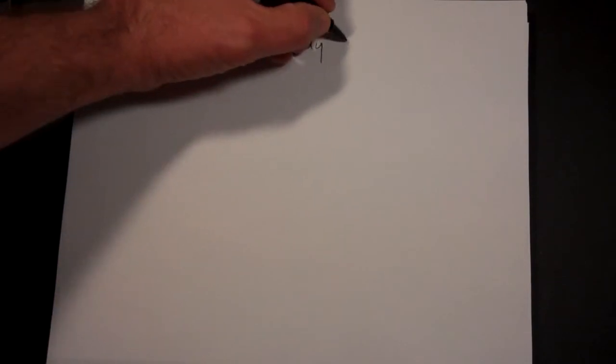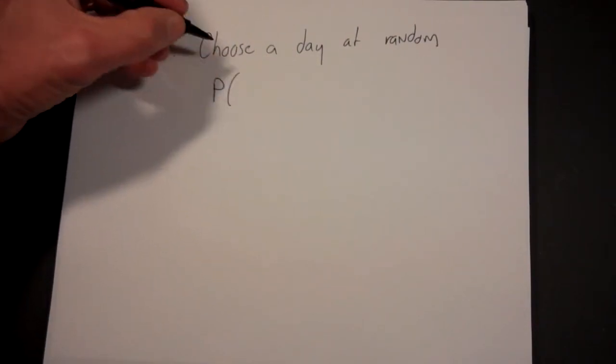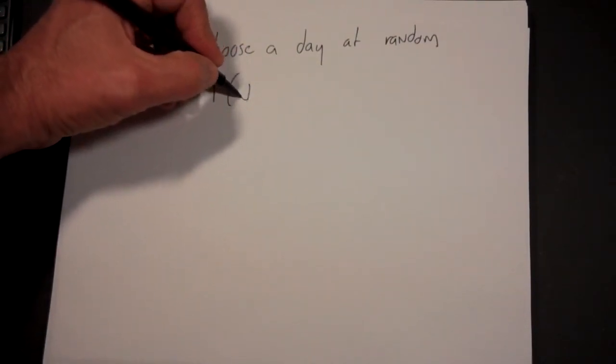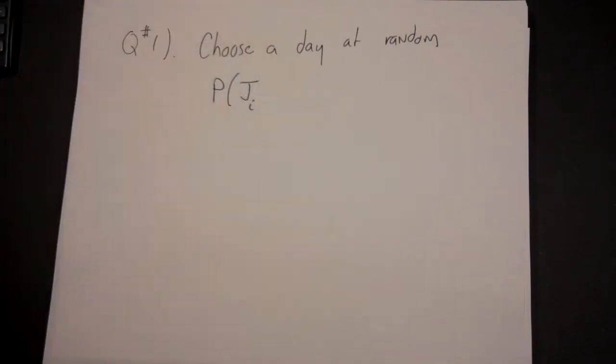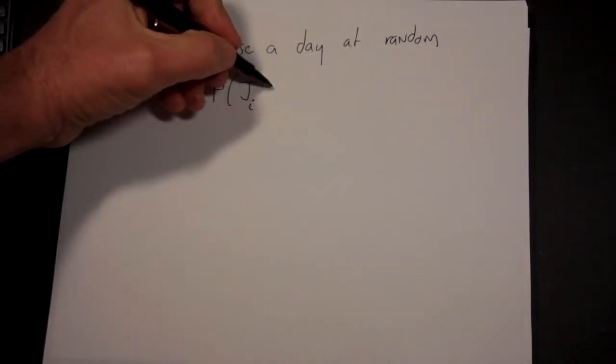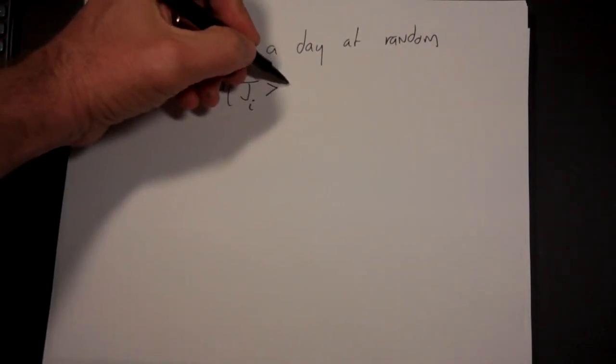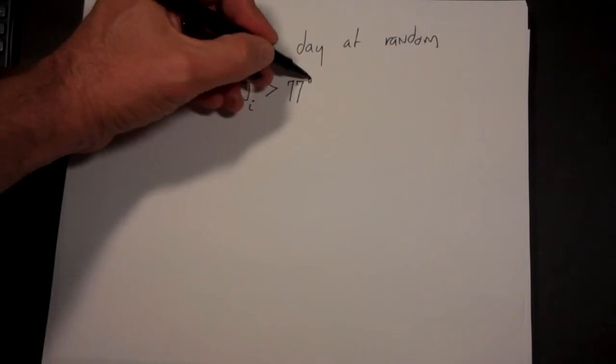So question number one: you're going to choose a day at random in July, and I want you to find the probability that the high temperature that day, call it Ji, is greater than 77 degrees.